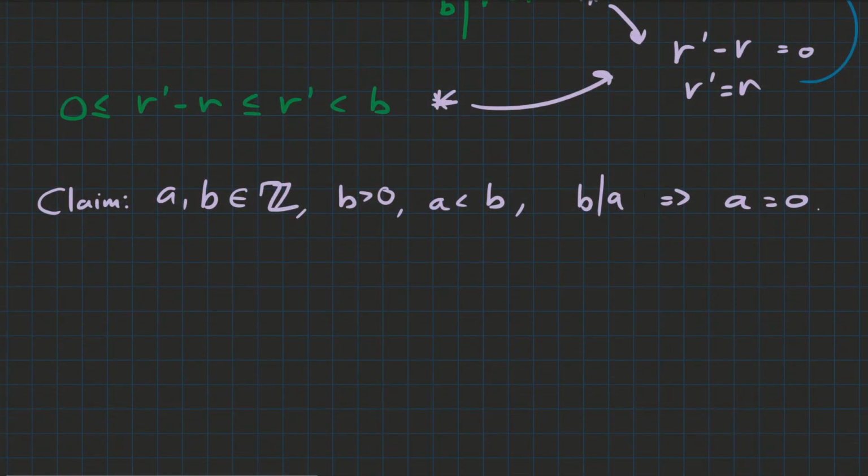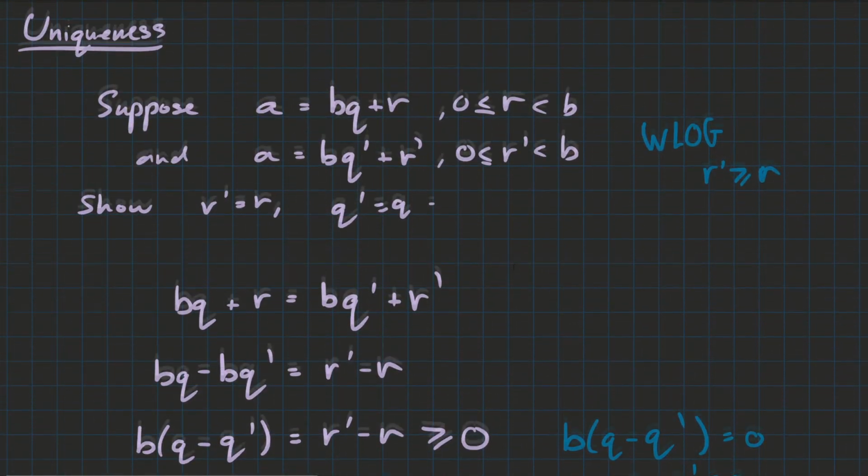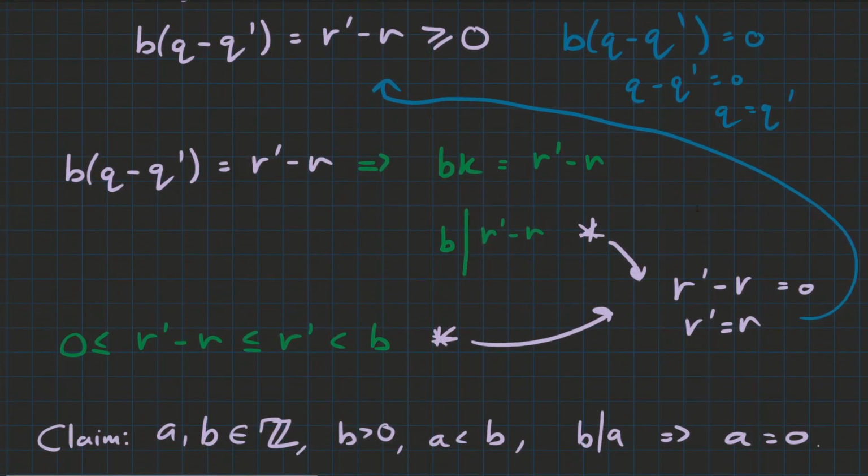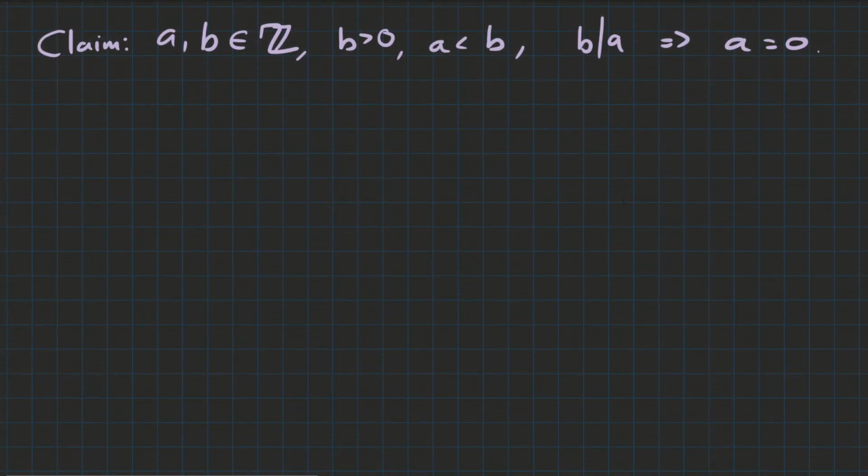So the proof relies on this claim. We have this claim here, and with that claim, we have uniqueness with this statement. Okay, so let's prove this together. We're going to prove this claim. I realize there's actually a little something I have to add, so it wasn't true before, but now it's true.